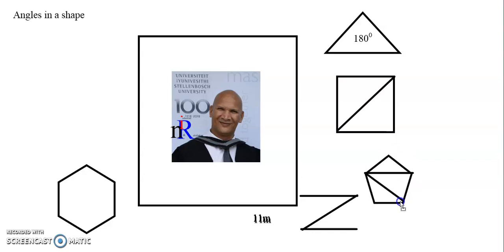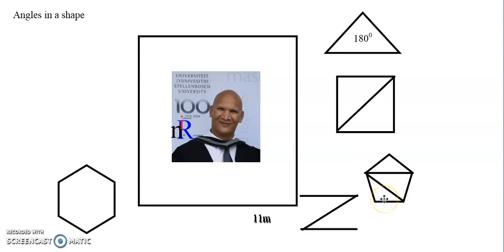My next shape is a pentagon. If I cut this pentagon into triangles, I will see there are 5 sides and I will get 3 triangles, each 180 degrees.